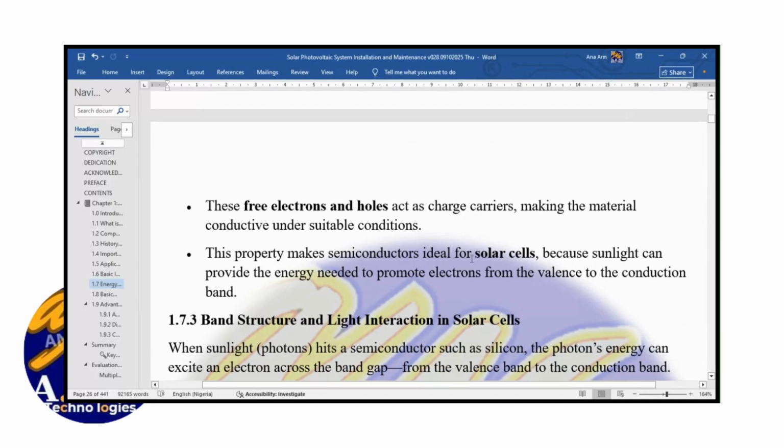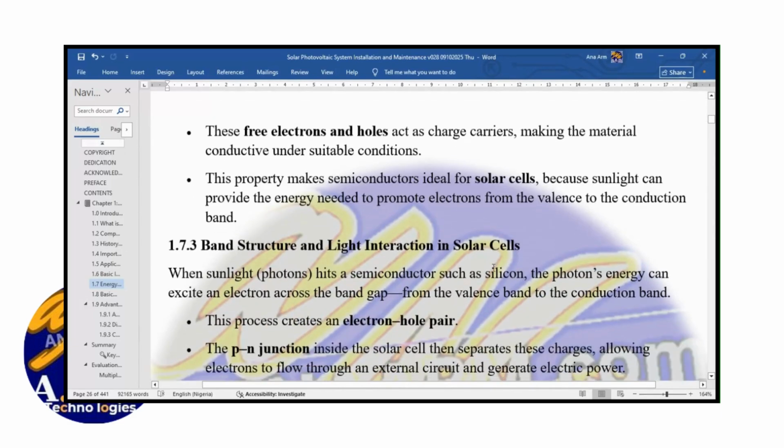This property makes semiconductors ideal for solar cells because sunlight can provide the energy needed to promote electrons from the valence to the conduction band.